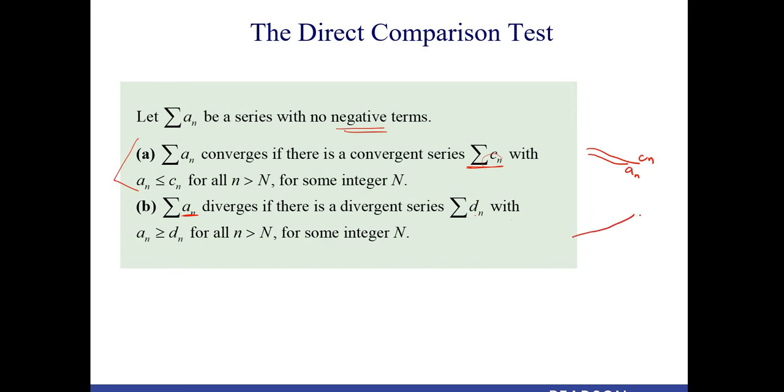If there is some series that diverges and mine is always bigger than that, then mine also must diverge. So comparison test. If we can find a function that has terms that are always larger than ours, but it converges, then we can prove convergence. This has to be a series without negative terms.